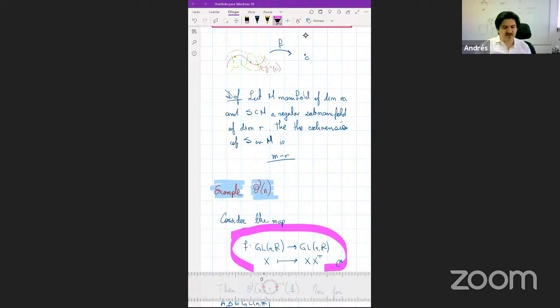So from GL to GL. If X is non-singular, this one is also non-singular. Moreover, recall that this is inside Euclidean space. And also this function is infinity because it is polynomial in the entries.